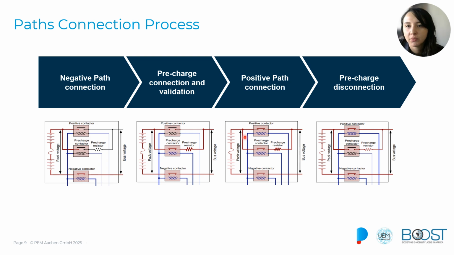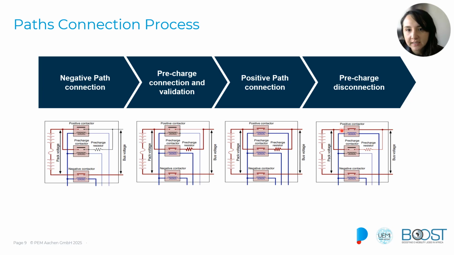Once the capacitor voltage is very close to our battery or system voltage, at that moment we close the main positive contactor, and once we do that, we bypass the pre-charge resistor currents and enable the full current flow that is needed for our system to operate. So after I activate this contactor, all the current of the system will go through it.